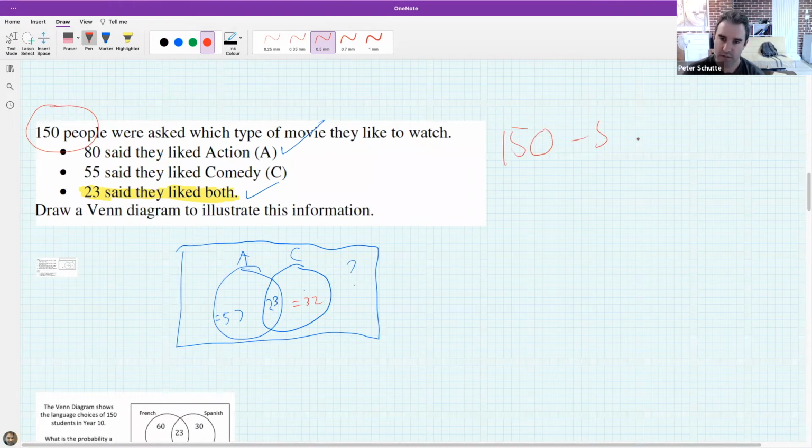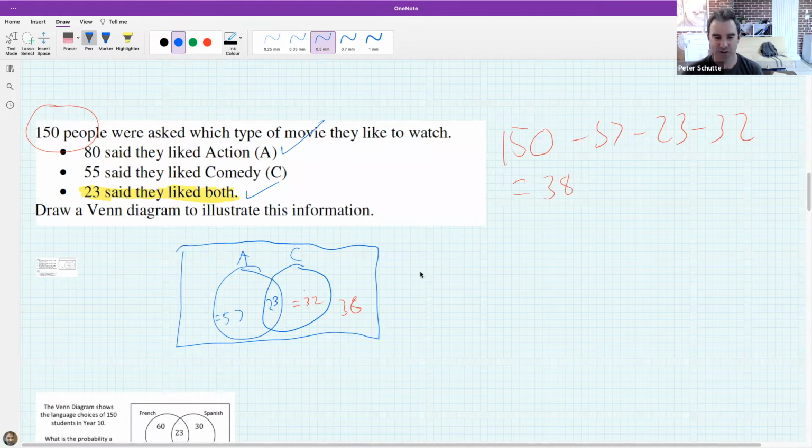So it's 57, 23, 32. You should get 38. Okay, now we've solved the Venn diagram, and so we know the sizes of the different regions in here.